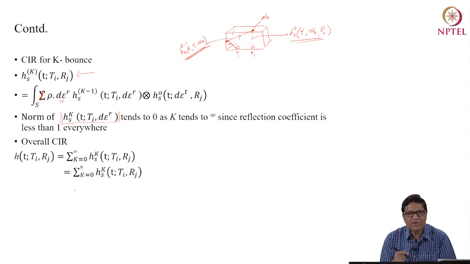So when it happens a high number of times, this value tends to 0 as k tends to infinity, because your reflection coefficient rho is less than 1 everywhere. So the overall CIR, if I want to calculate, will be the sum of all the reflections, all the k reflections. In this expression, k equal to 0 is line of sight, and k equal to 1 to infinity is non-line of sight.